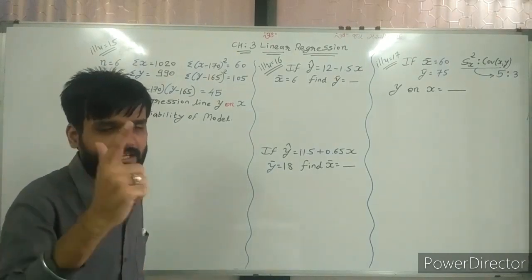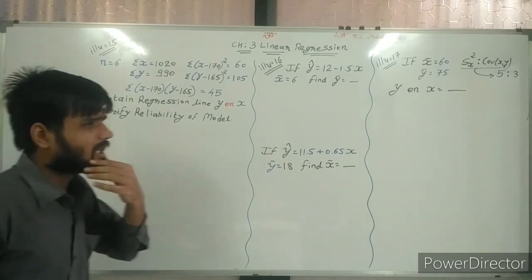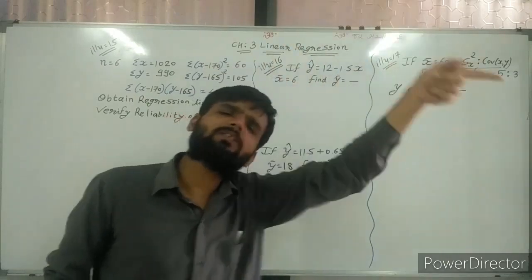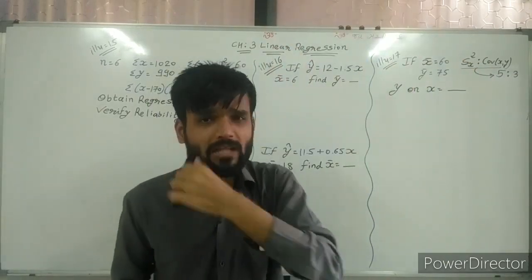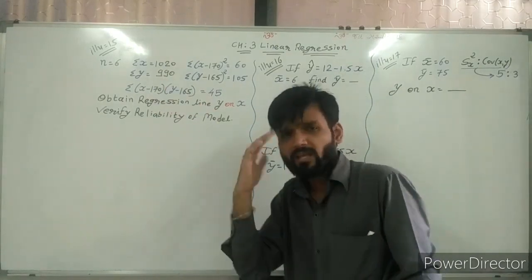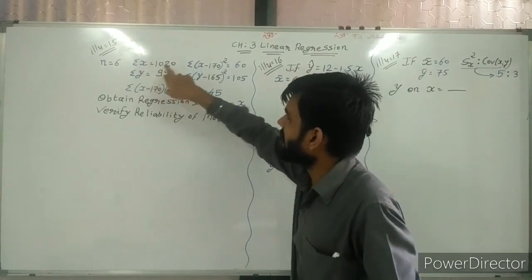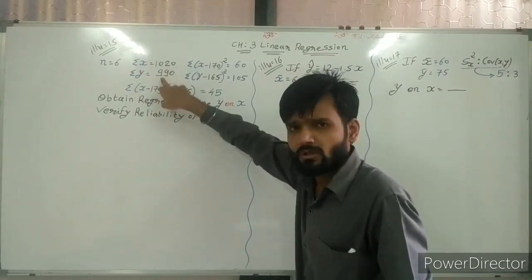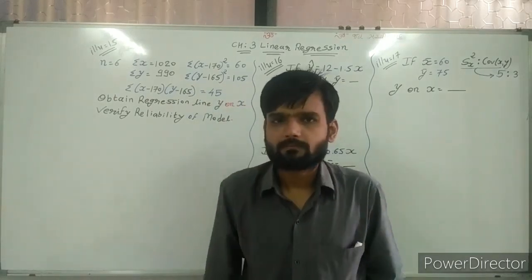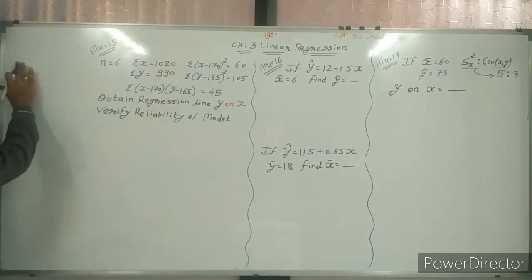Starting with finding b. There are 3 main formulas which we made on the basis of the calculation method. Which formula are we using to find b? Think. Sigma x and sigma y are given, so first of all always find x bar and y bar.